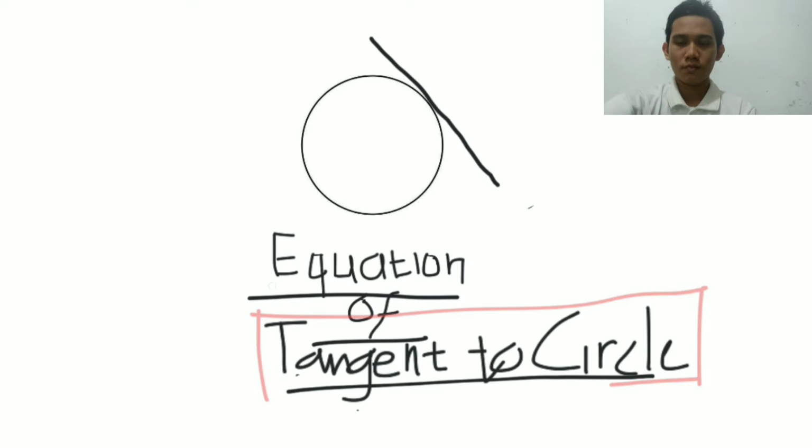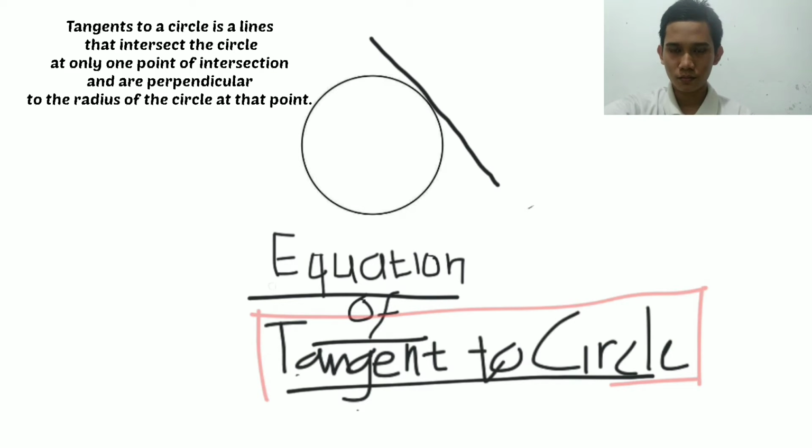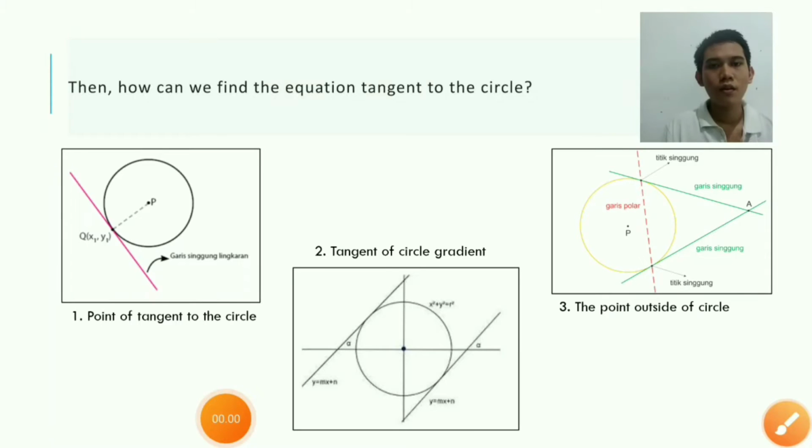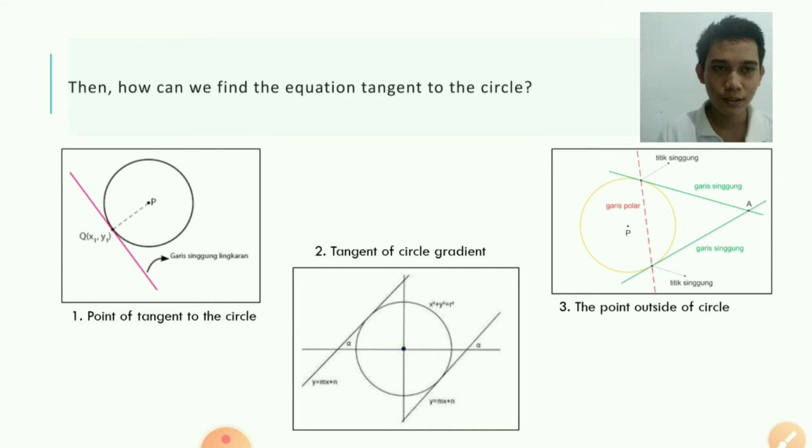A tangent to a circle is a line that intersects the circle at only one point of intersection, here, and is perpendicular to the radius of the circle at that point.